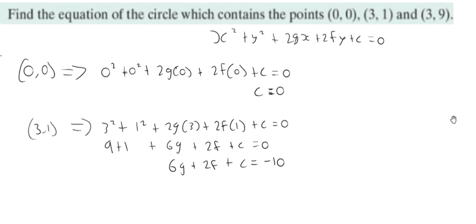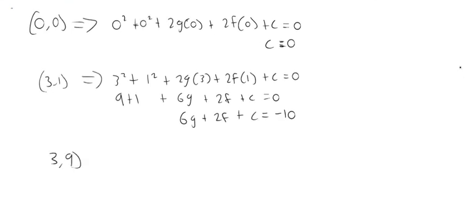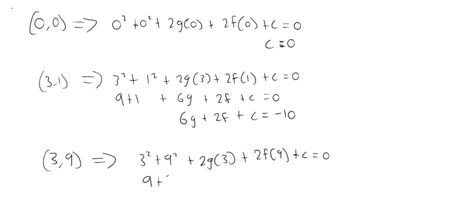And then if we sub in the other point, we get 6g plus 18f plus c is equal to minus 90 when we bring over the other two.